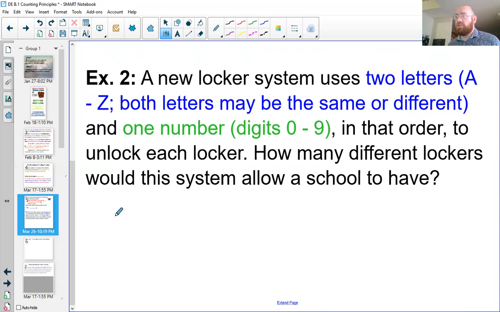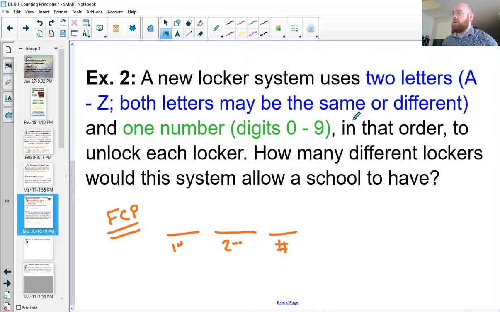If we want to use the fundamental counting principle, we have to explain why these 2 things are independent. Our choice of letters doesn't matter, nor does the number of digits. We have the same number of options for each thing. So we have a first letter, and we have a second letter, and then we have a number.